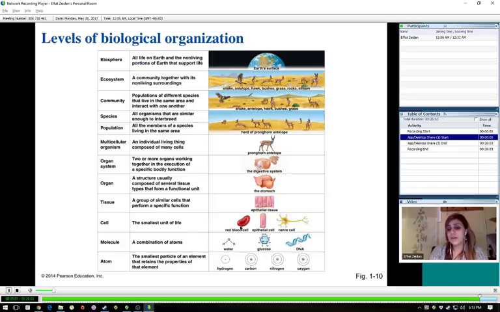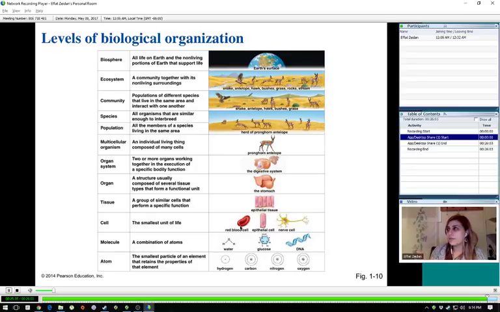And this picture here is a very interesting picture because it allows us to look at the levels of biological organization, and we are going to study these levels. The smallest level is the actual atom. An atom is the smallest particle of an element that retains the properties of the element.